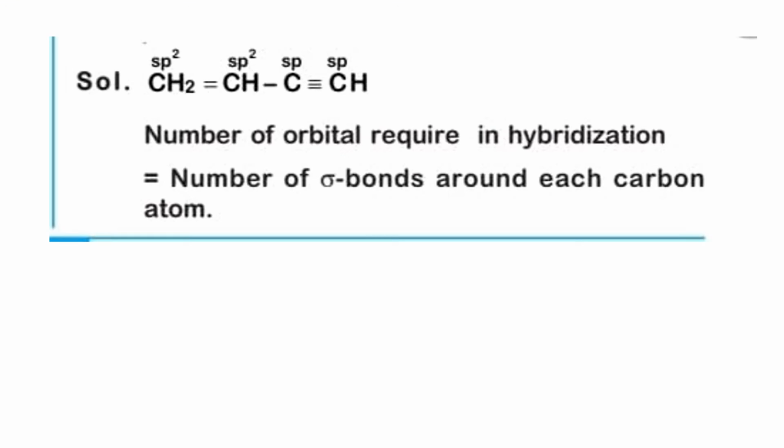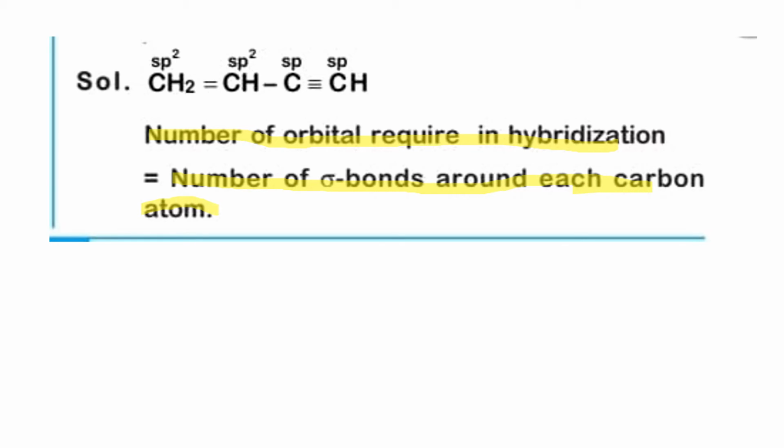So we have taken this CH2 double bond CH single bond C triple bond CH, and how is this the correct answer? This is the correct answer as the number of orbitals required in hybridization is equal to the number of sigma bonds around each carbon atom.